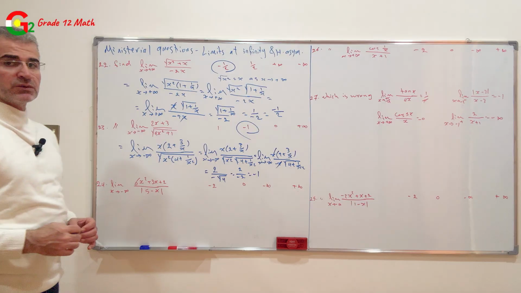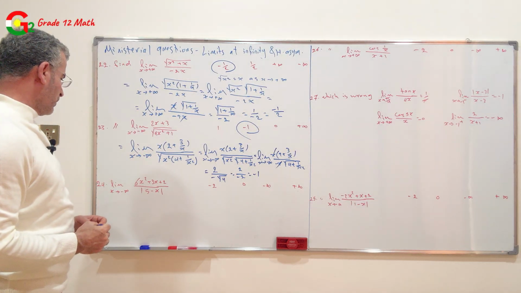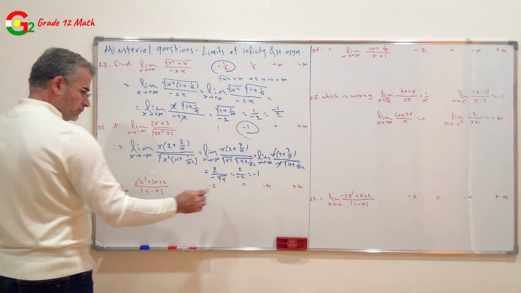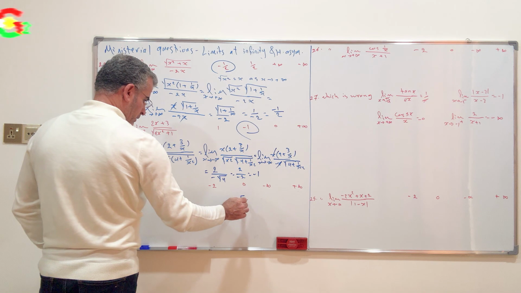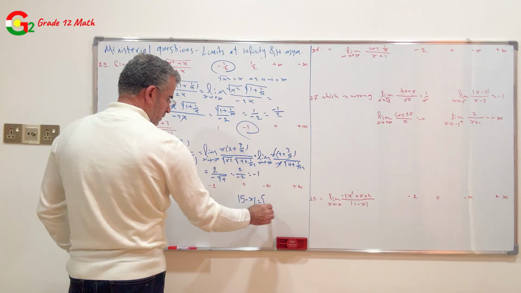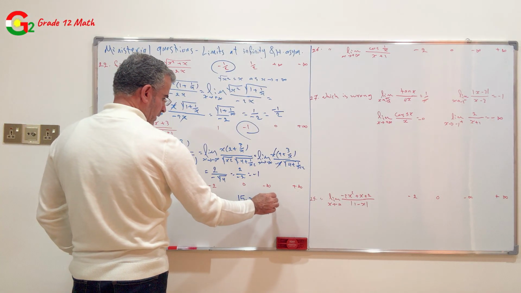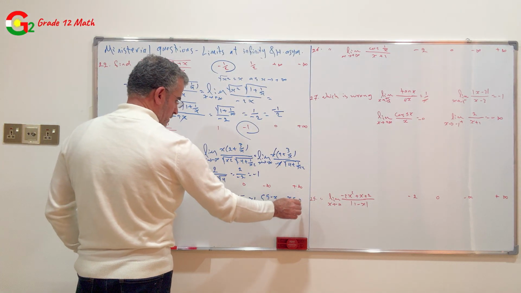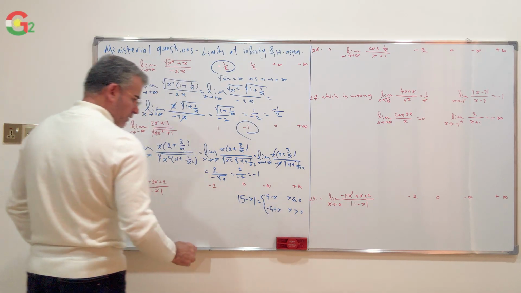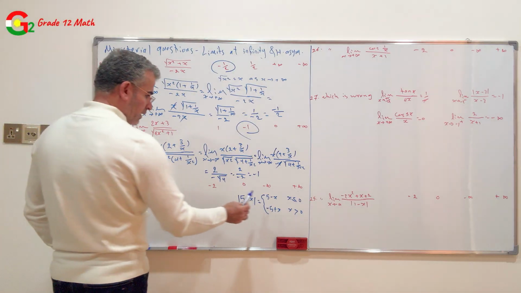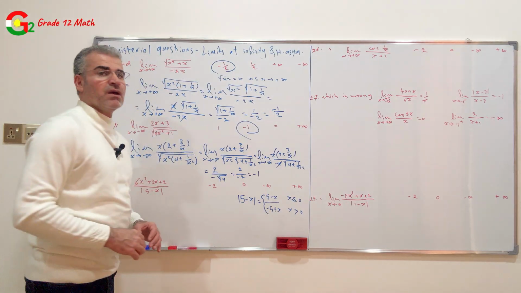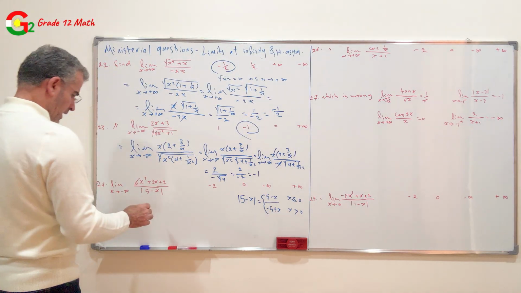Question number 24. Find the limit as x approaches negative infinity of 6x squared plus 3x plus 2 over the absolute value of 5 minus x. To find this limit, remove the absolute value: the absolute value of 5 minus x equals 5 minus x when x is less than or equal to 0, and negative 5 plus x when x is greater than 0. Since x approaches negative infinity, x is less than 0, so the absolute value of 5 minus x equals 5 minus x.